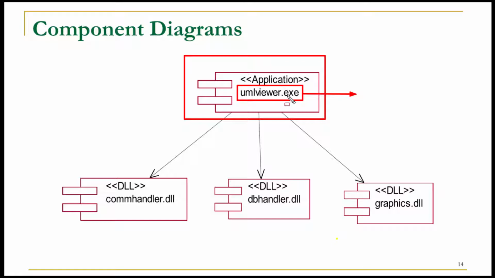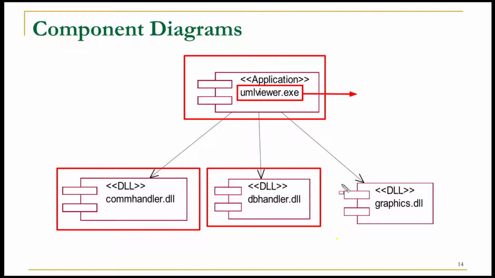And in return, this application component, which is the UMLviewer.exe, is using some other subsystems like the command handler, the database handler and the graphics. So these are three different DLLs, or you can say some other groups of classes, which are being used by this application.